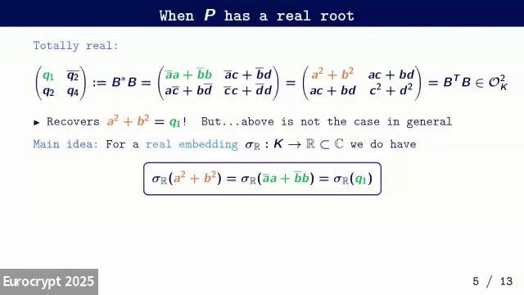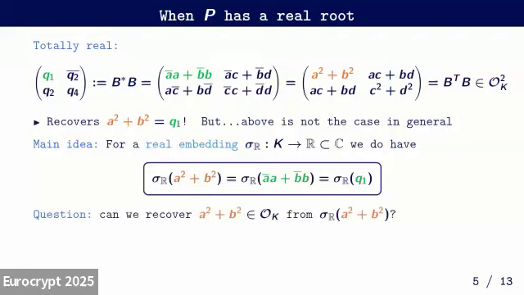So we don't obtain the value of a squared plus b squared, but we do obtain the value of its real embedding. And then the question is, of course, can we recover a squared plus b squared from this single real embedding? And it turns out, luckily for our work, that yes, we can do this.